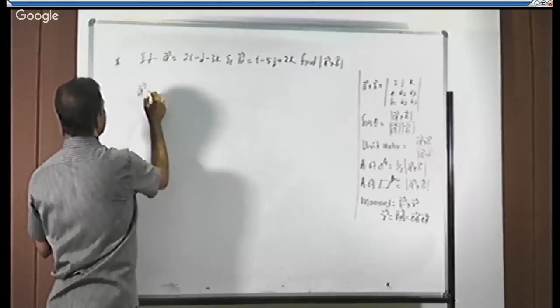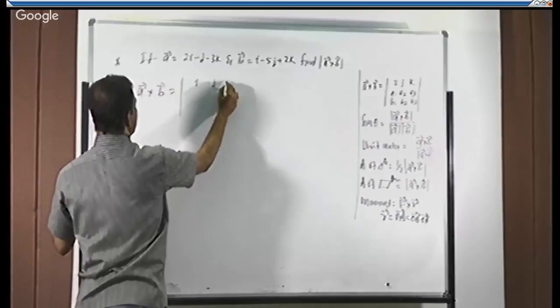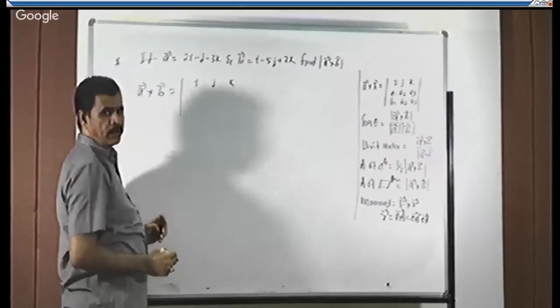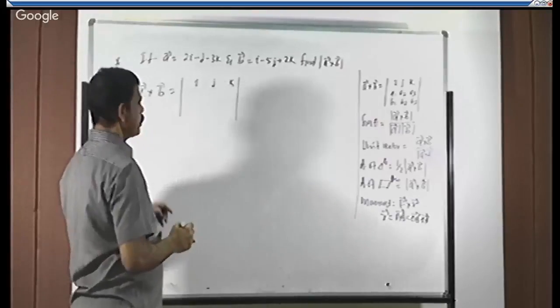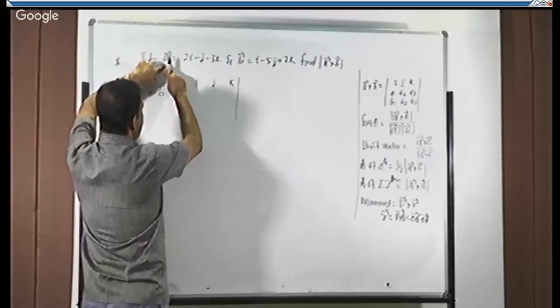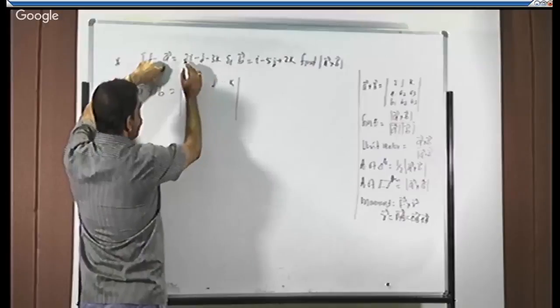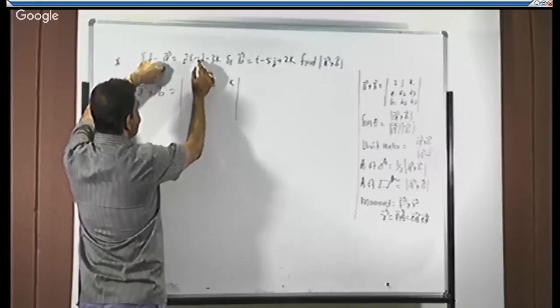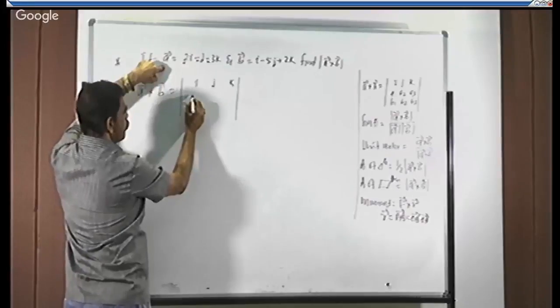A cross B is equal to i, j, k as the first row. It is always the unit vectors. Then A is 2i minus j minus 3k. What are the constants? 2, minus 1, minus 3. Take them as the second row elements.